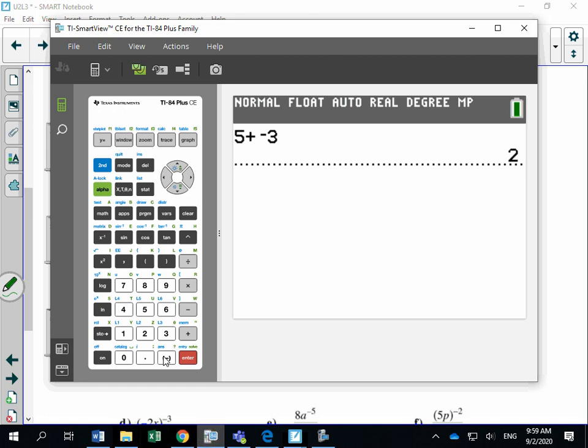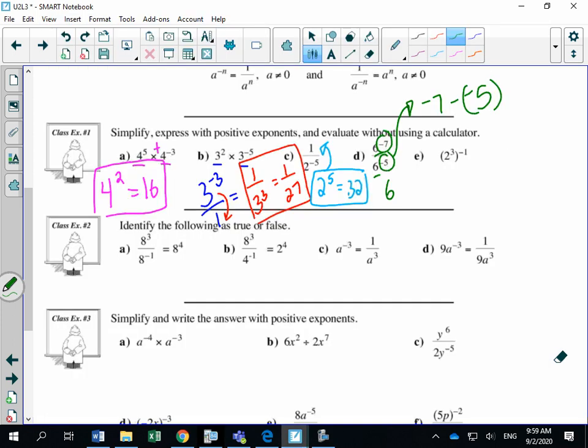So I always say, you're always going to get your calculators for your test. Always double check. So negative 7 minus negative 5 gives me negative 2. So that's 6 to the power of negative 2. Now we've got to get rid of that negative exponent. So that's going to be 1 over 6 squared. 1 over 6 squared is 1 over 36. So those two answers would get boxed in.